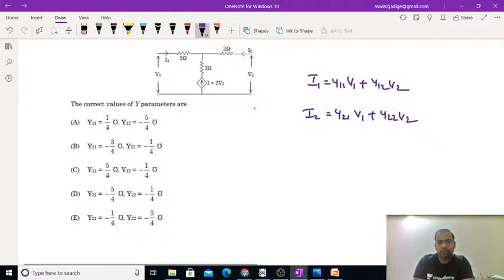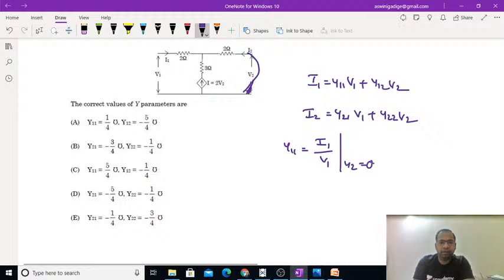Now if you want to find y11, that is equal to I1 by V1, then here V2 has to be 0. V2 has to be 0 means you have to short circuit this port, correct? After short circuiting, V2 becomes equal to 0.